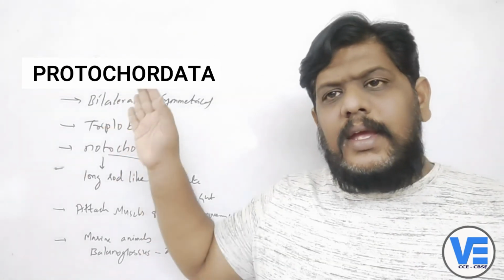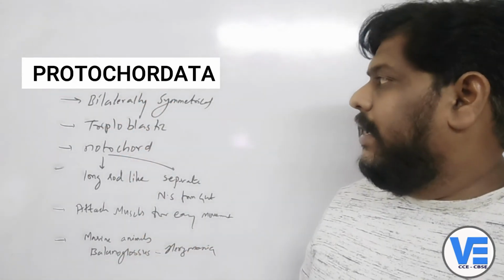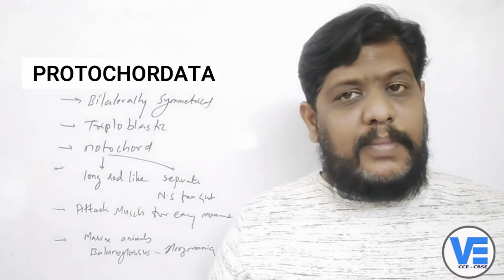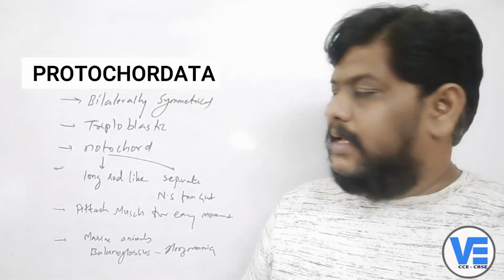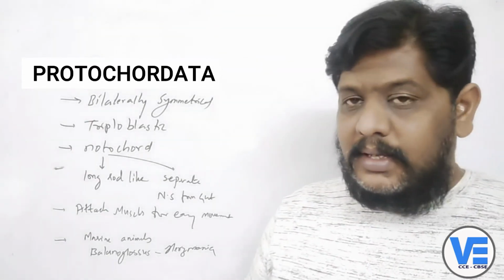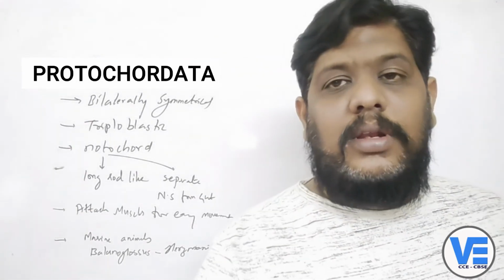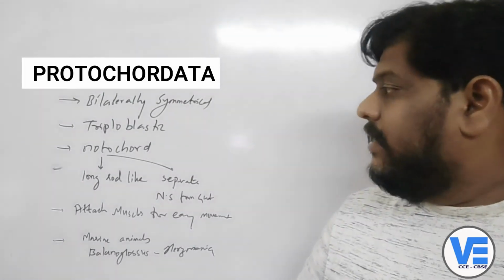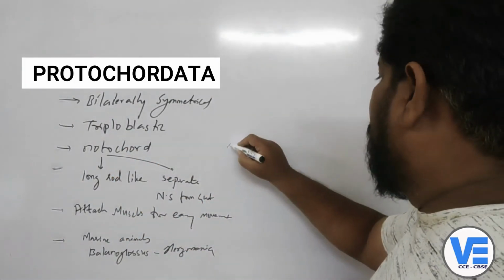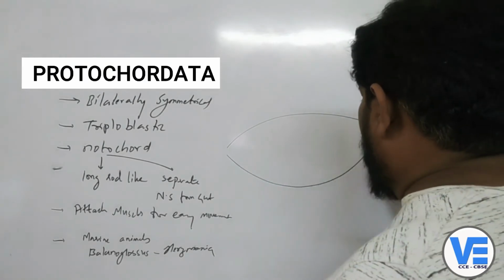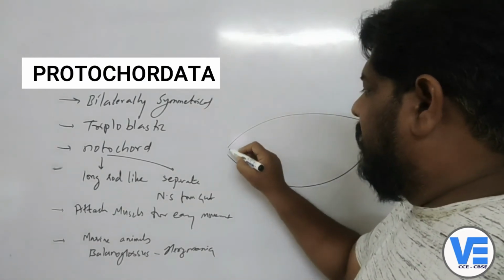Now we will see the characters of the protochordates, right? The first thing is that they are bilaterally symmetrical. If you cut into two parts, they are identically similar, and they are triploblastic, that is they have three layers. And the third one is that they have the notochord. So for example, let me draw an imaginary diagram here.